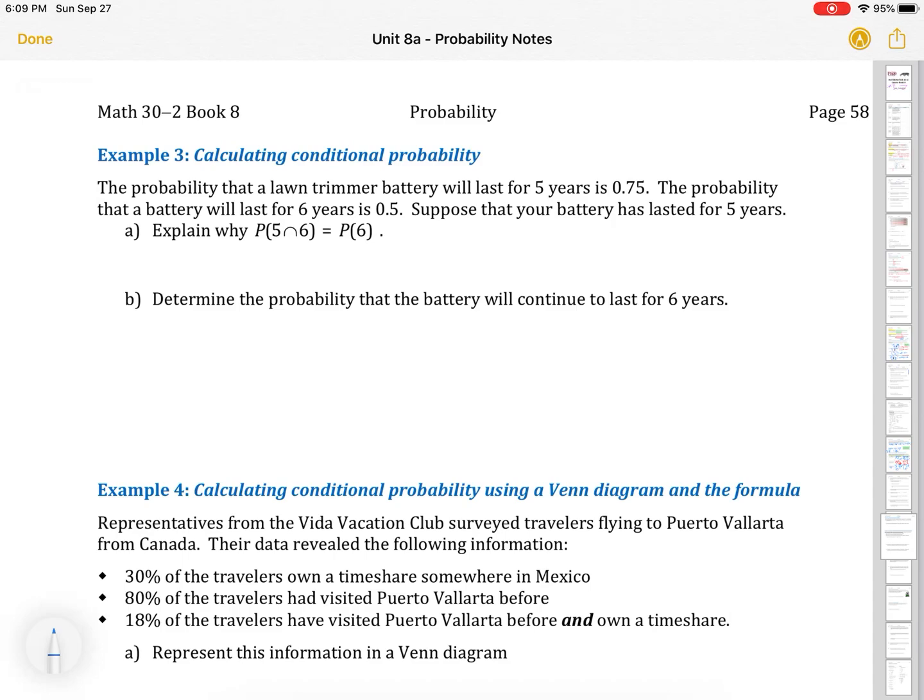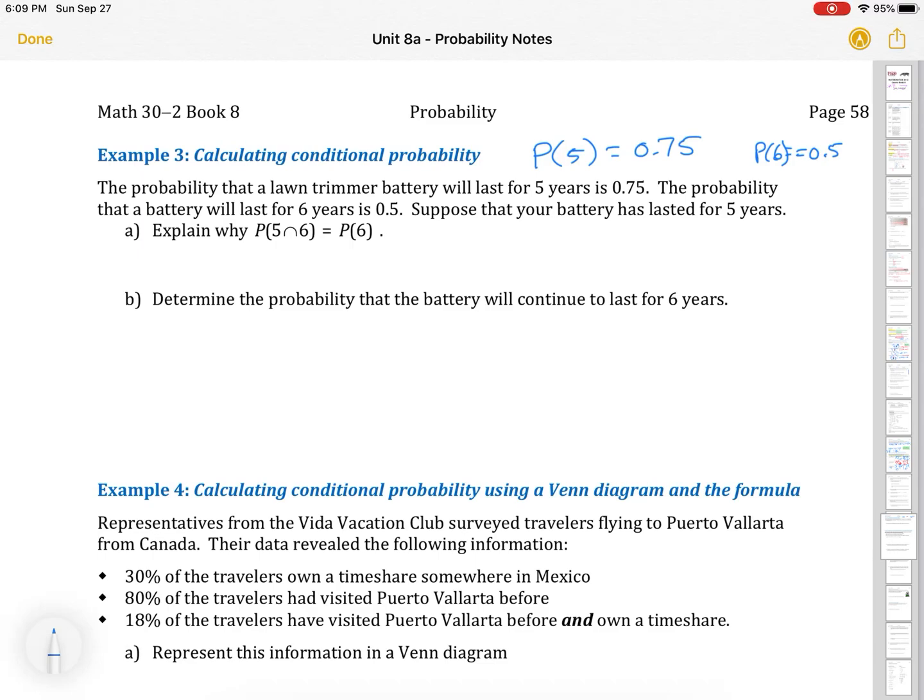Calculating conditional probability. So we're looking here. The probability that a long-term battery will last for 5 years is 0.75. So the probability of 5 is 0.75. The probability that a battery will last for 6 years is 0.5. So the probability of 6 equals 0.5.